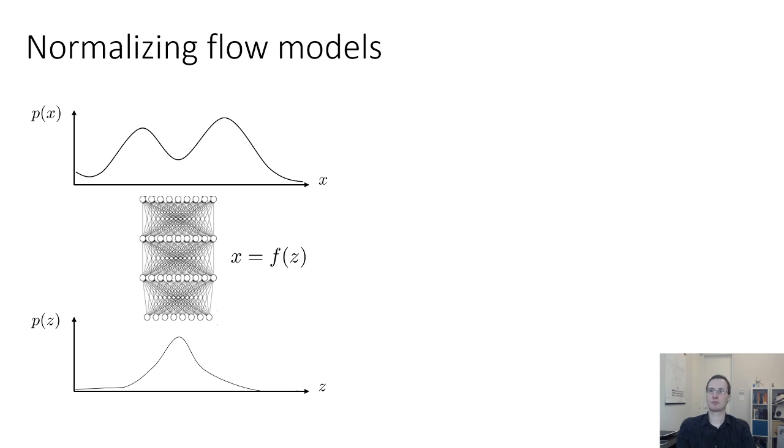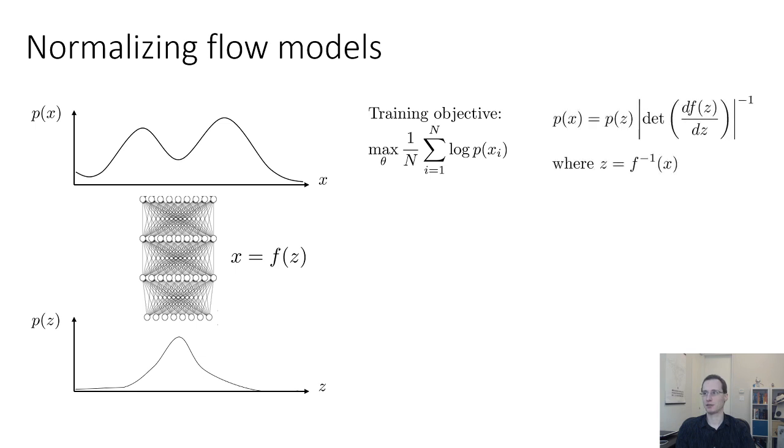This class of models is sometimes referred to as normalizing flow models. Our training objective is just maximum likelihood. Maximize the log probability of all the xi's in your dataset, where we use the expression from the change of variables formula on the previous slide to write p of x in terms of p of z.